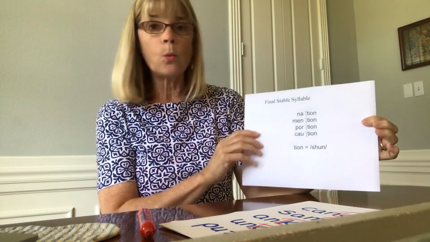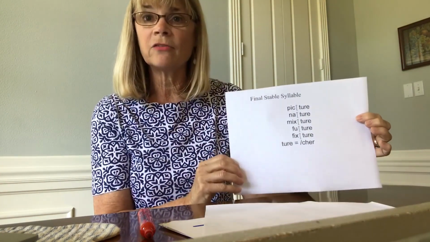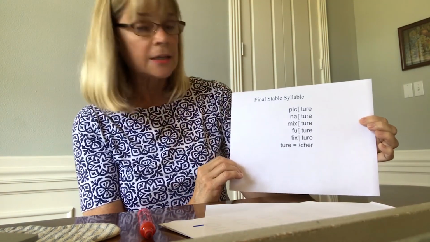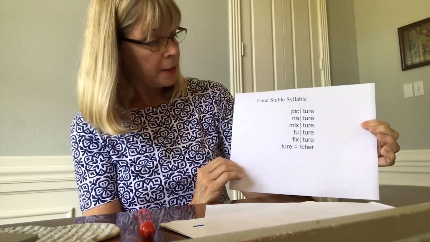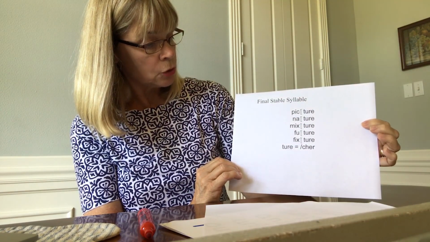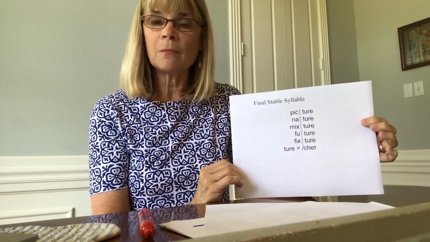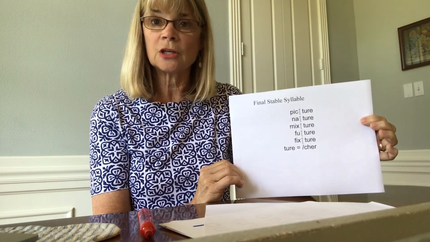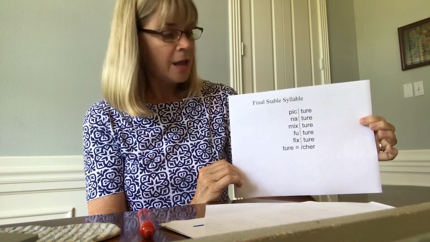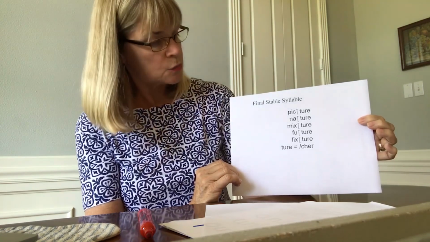I want to show you one more final stable syllable so you get the idea that we have many different final stable syllables. Let's look at these words. We have picture, nature, mixture, future, and fixture. What did you hear that was the same in the final position or the final syllable of these words? Yes, you heard chur. And how is chur spelled in these words?